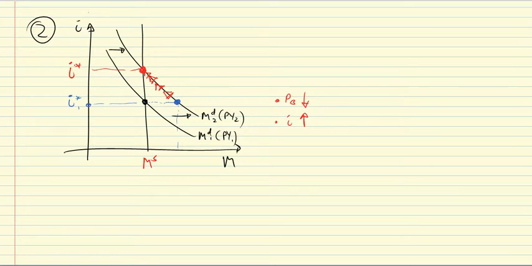So the crucial thing is to understand what we're doing. We're assuming that we have a shock to nominal income, an increase in nominal income that shifts the money demand function. In other words, we might assume that the economy grows. So we have an increase in income. Let's in fact assume that it is real income.